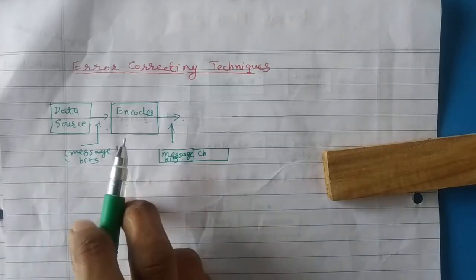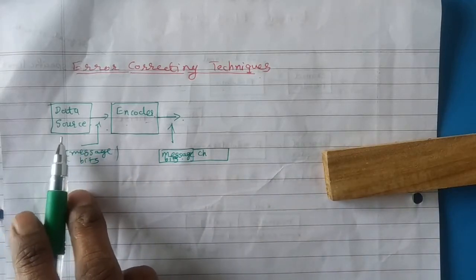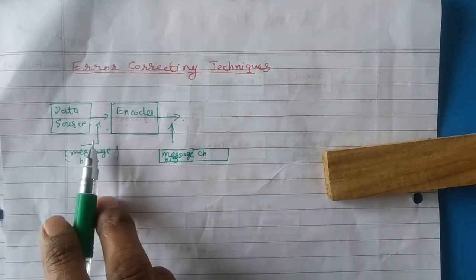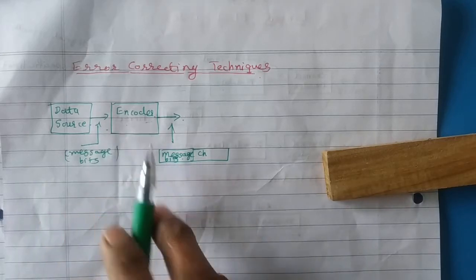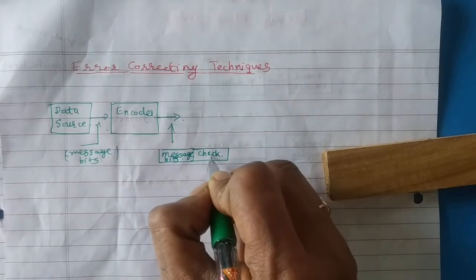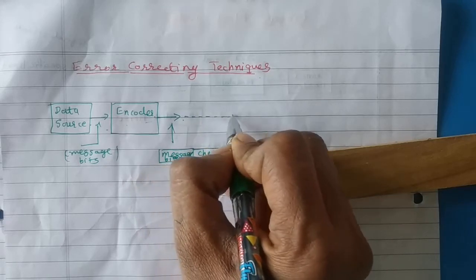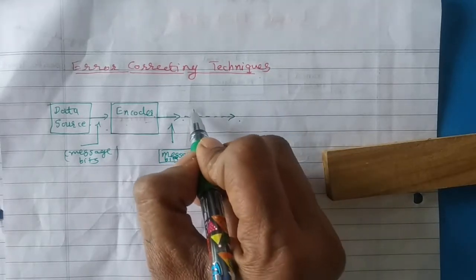So in the error correcting technique, what we do is, there is one data source which emits the message bits. These message bits are encoded by using this channel encoder, and the check bits or parity bits are added. Then it travels on the communication channel. This is the communication channel.